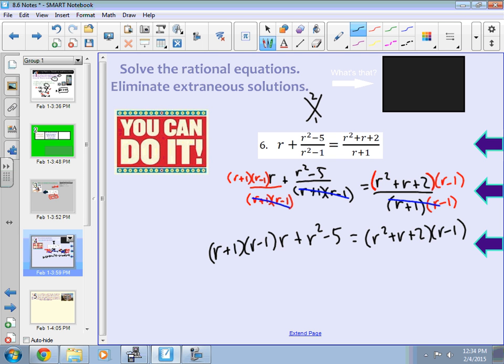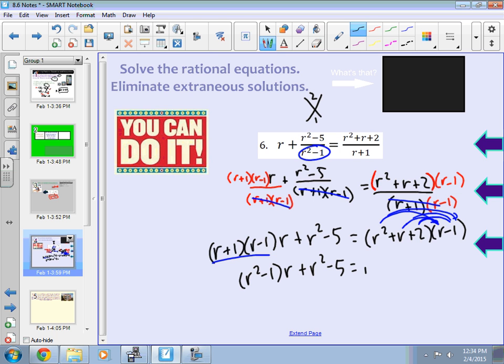Okay, so this looks like a lot of just algebra and multiplying and distributing we have to do. So on the first one here, we got to multiply r plus 1 times r minus 1. We know from before that comes out to be r squared minus 1. On this side, this is a lot of distributing we're going to need to do here. So start out by multiplying r squared times both of them, then r times both of them, then finally 2 times both of them.